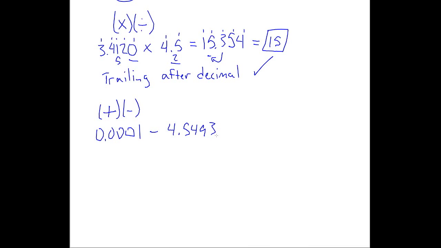Here's another rule that we're going to illustrate. Here we've got more zeros. Now, these zeros are trailing after the decimal, but now we've got a little stigma that we need to add.